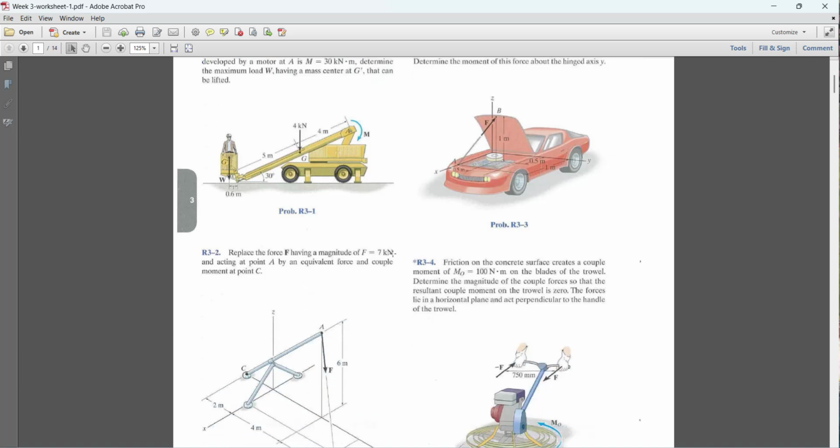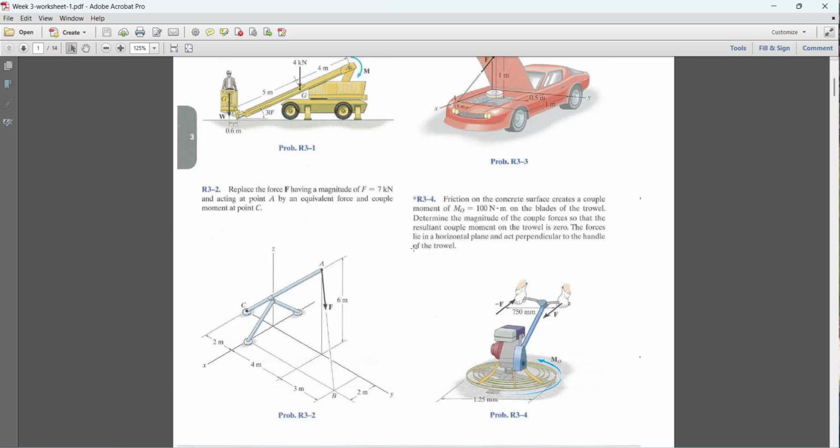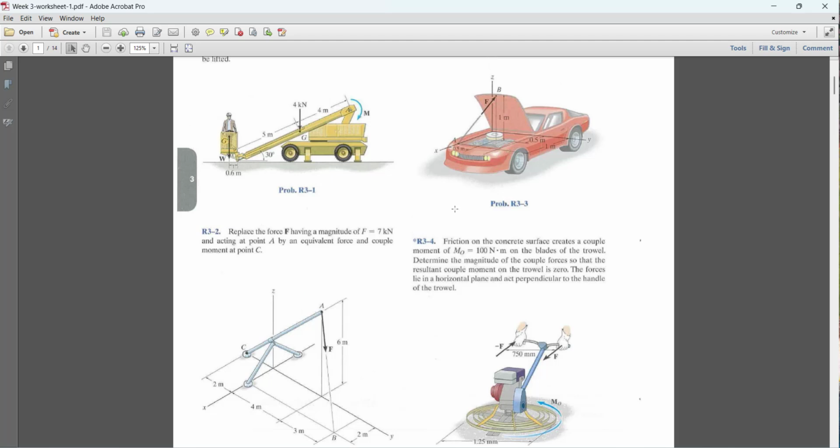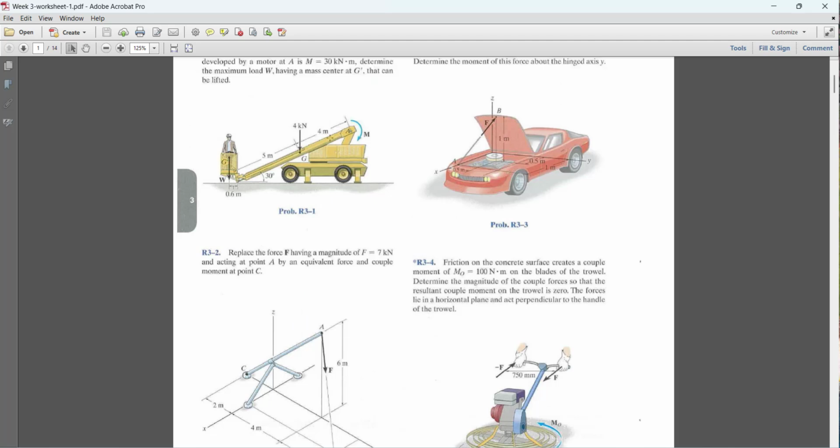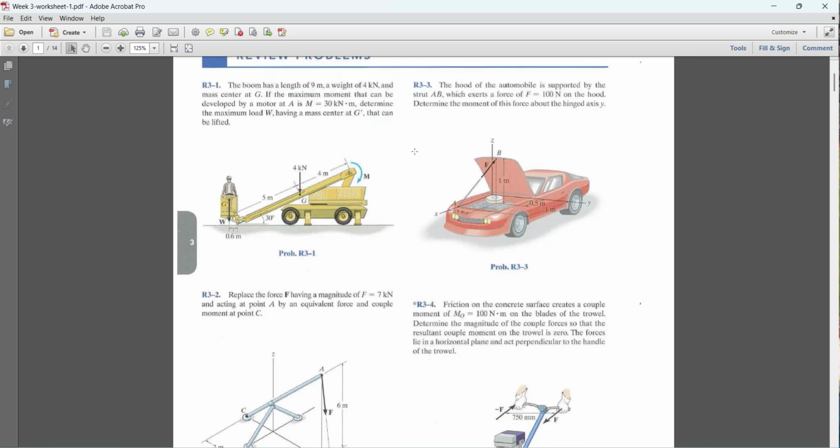So let's start with a quick review of problems on how to calculate the moment of forces about a point or about an axis.